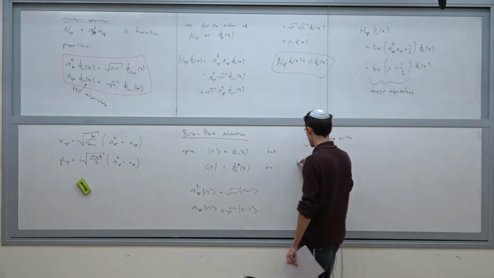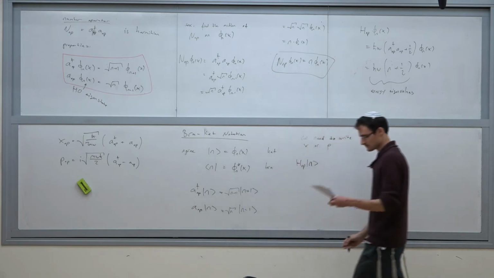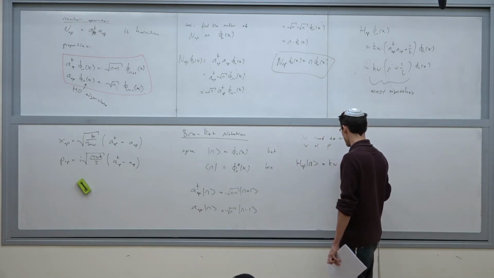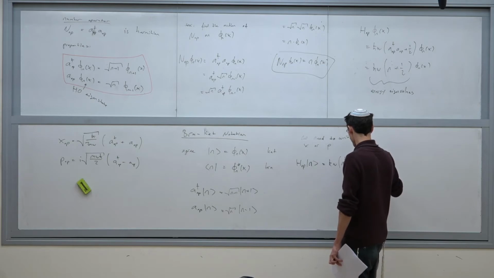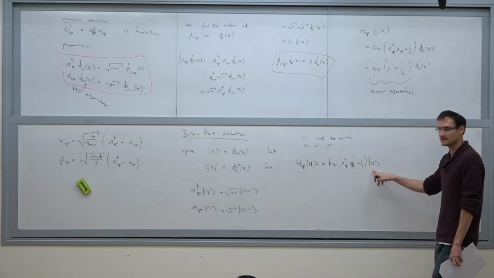For instance, I can now write that when the Hamiltonian acts on the nth state, that's h bar omega times A dagger A plus 1/2 acting on the nth state. So I know how A dagger A acts on the n state. It takes out this n.